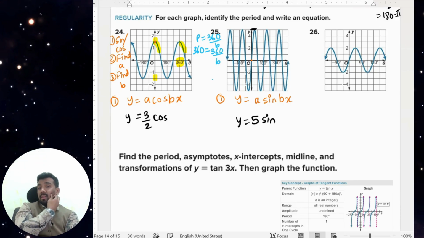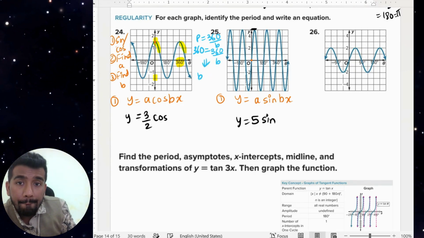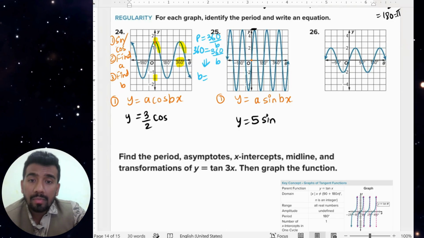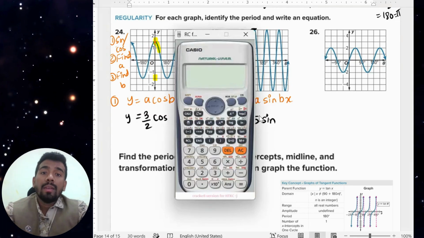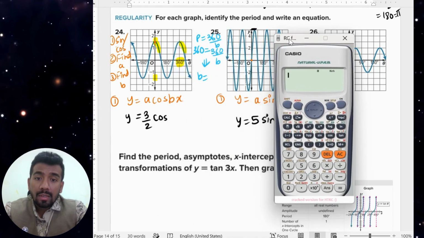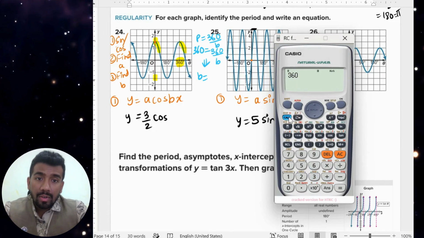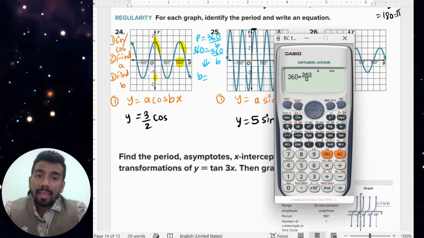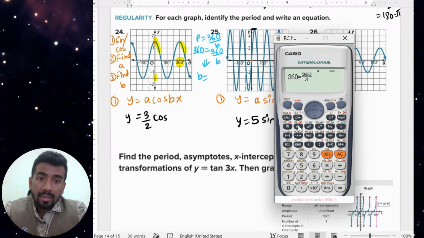Okay. So what will be B? Do shift solve. So 360 equal 360 over B. That's alpha x.